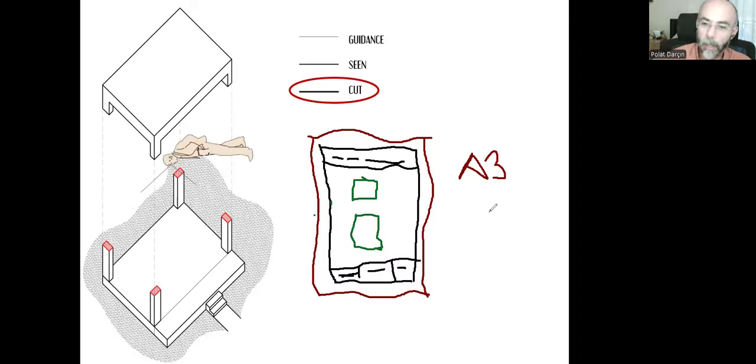And once you finish your plan, you can use this upper part in order to create a section like that. And for the cut surfaces, you can use 2B pencils. And if you apply pressure, then you will get this very thick and black line. And for the seen surfaces, you can use HB pencil with a lesser pressure.